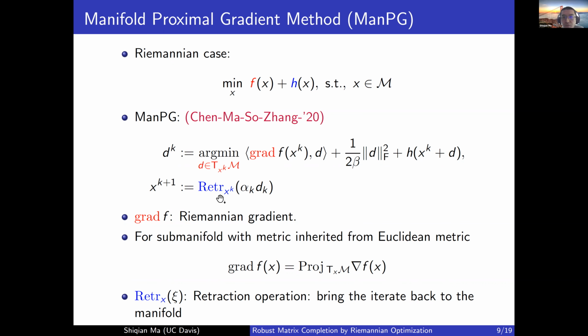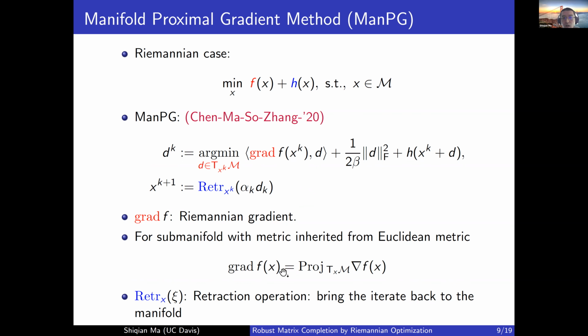This is another difference between the manifold case and the Euclidean case, because as I mentioned, the manifold is not a linear space. So you cannot just directly add d_k to x_k, because then your iterate will be outside of the manifold. This so-called retraction operation brings the iterate back to the manifold. And this Riemannian gradient, denoted by this, is actually not very difficult to compute.